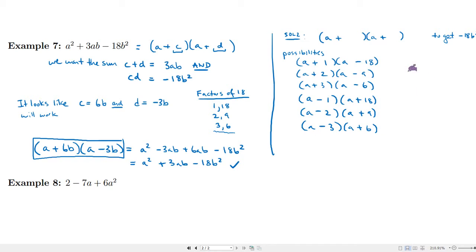So just looking at this real quick, you can see that the first and the last terms are going to match up as long as we put the b's in here, right? So the only thing missing is the b's.